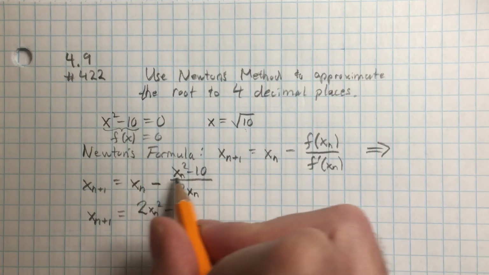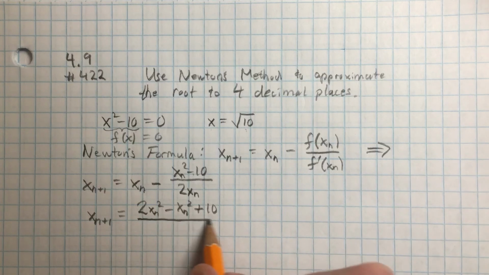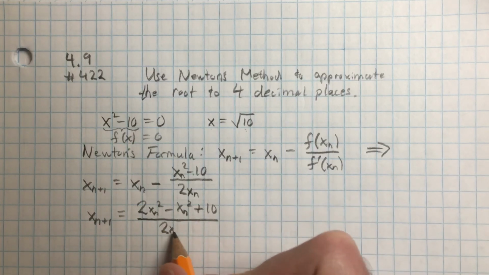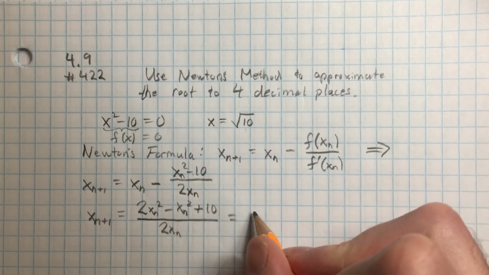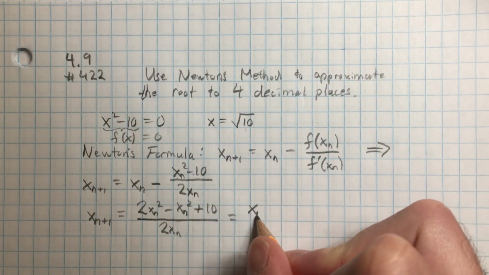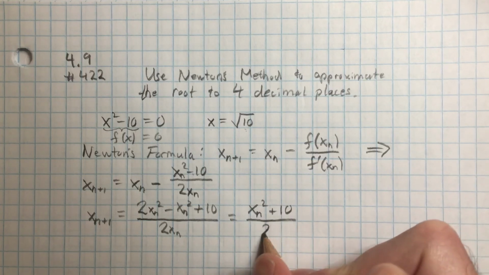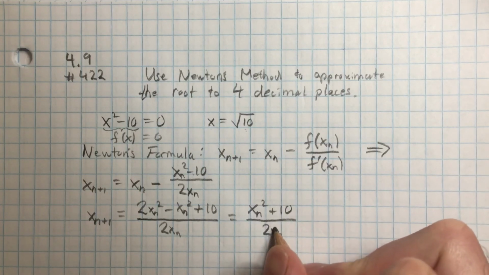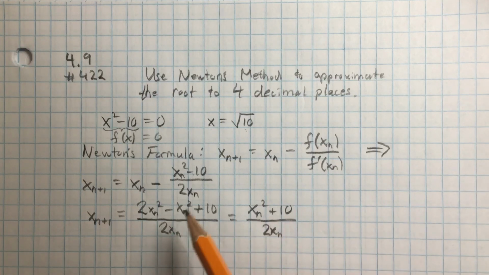And then if this negative is distributed here, we'll have a plus 10. And this is all over 2x_n. There, one ratio. So now these two combine to make a single x_n squared. So x_n squared plus 10 over 2x_n. All right, so there is one way to write it, which I find a little bit nicer than the way it was written here, with two expressions subtracted off.